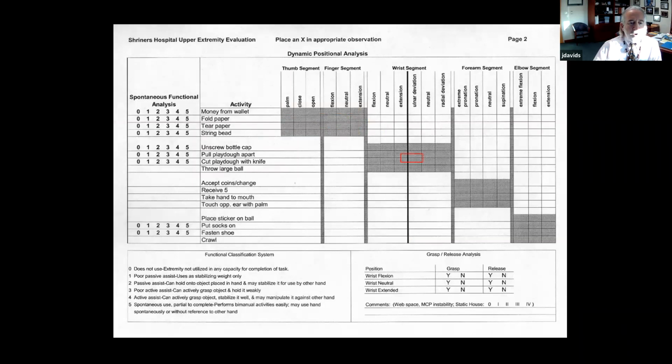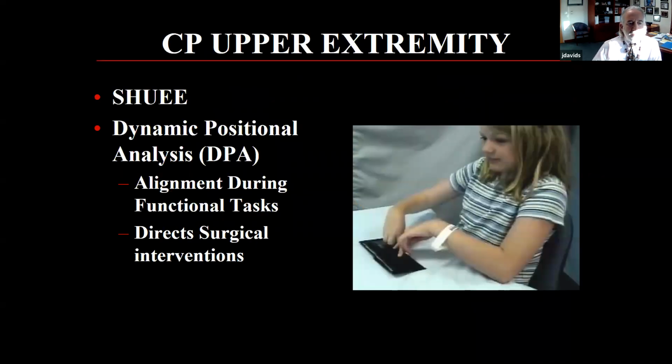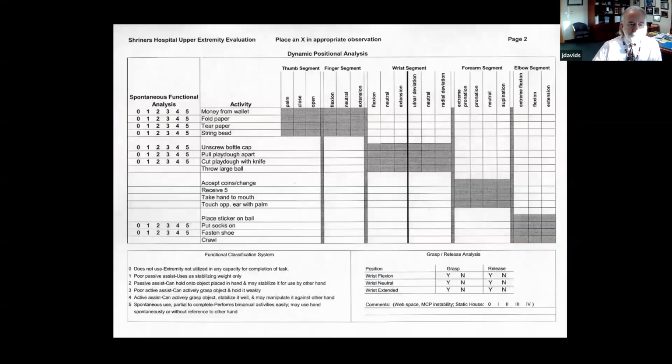The 4 tasks for each of these anatomical areas are used. The concept underlying the dynamic positional analysis is that the alignment during the performance of functional tasks can guide us in selecting the appropriate surgical intervention.